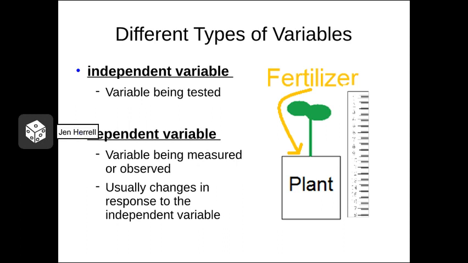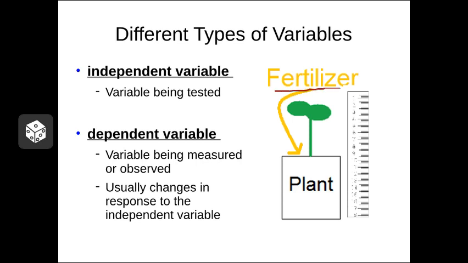A hypothesis is a claim that there is a relationship between 2 variables, 2 things in the situation. And these variables are known as the independent variable and the dependent variable. Let me give you an example to explain what these things are. The independent variable is the variable being tested. So let's say you're testing that fertilizer thing on your plant.